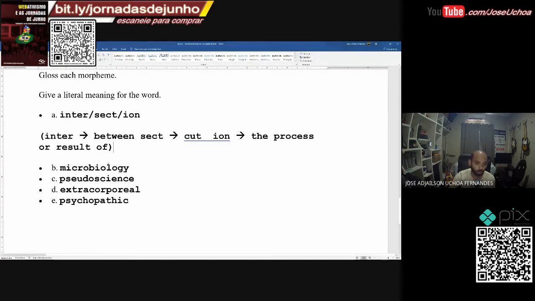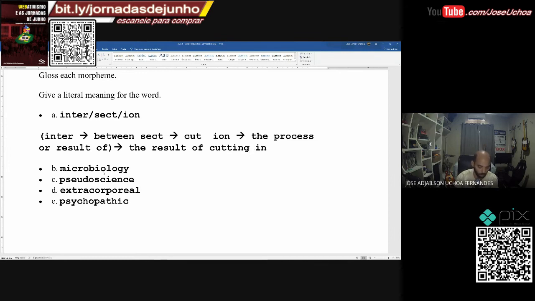So it would be like the result of cutting in the middle or in a point.